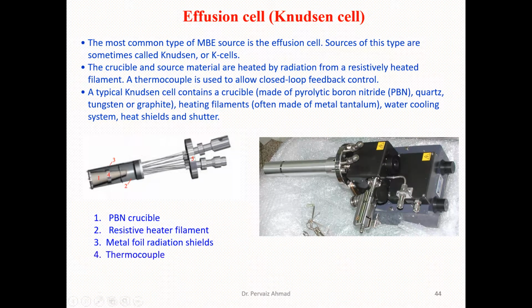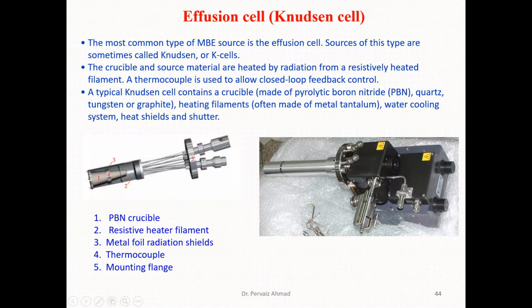Number 4, as you can see here, is this band-like or ring-like structure around the crucible. This is basically the thermocouple. What is the thermocouple used for? A thermocouple is used to allow closed loop feedback control.